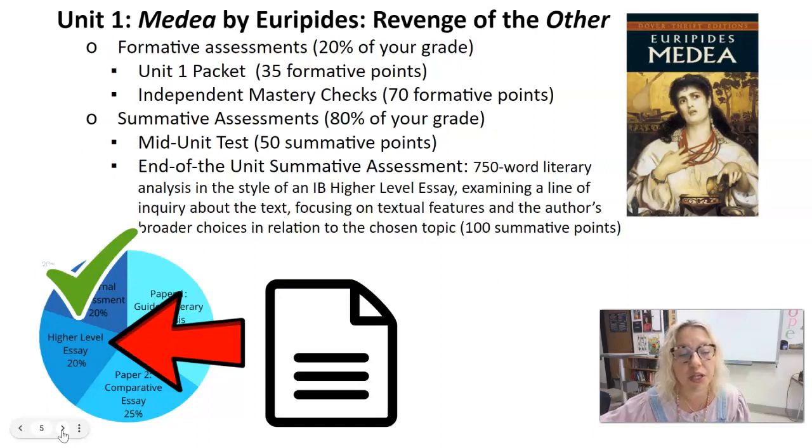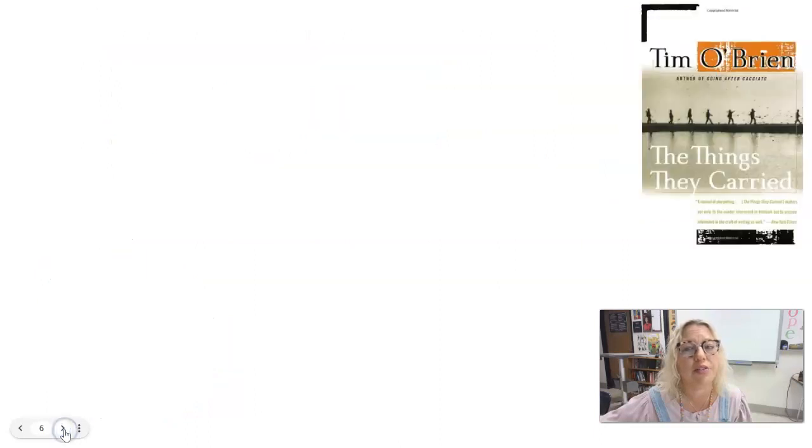So that's what we're going to be working on this semester. You're going to write two proto higher level essays, choose between one or the other to continue with, and then crank it out and submit your higher level essay. There's also another option of writing on another work that you read in 11th grade but didn't test on. So I want to let you know about that too.